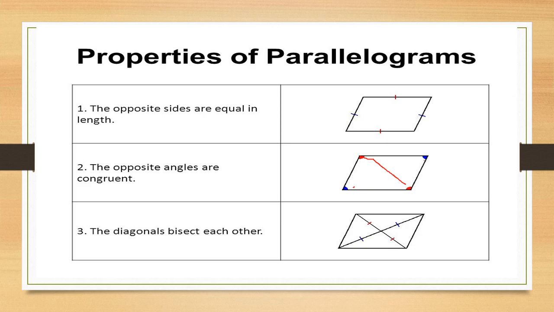These 3 properties are very, very important. In a parallelogram, opposite sides are dash. Opposite sides are equal. In a parallelogram, opposite angles are dash. The opposite angles are congruent. From this, they may ask a few questions for fill-ups. Okay? Right.